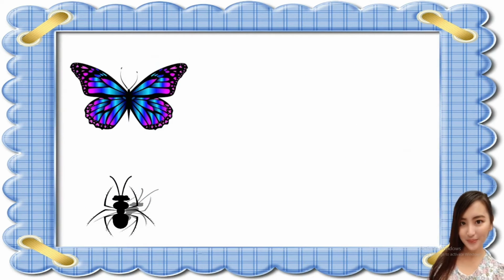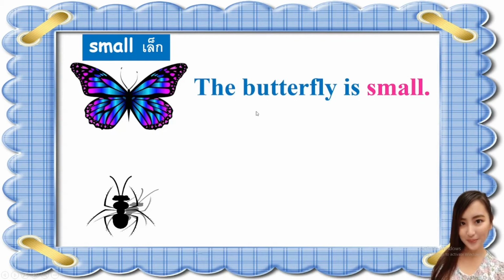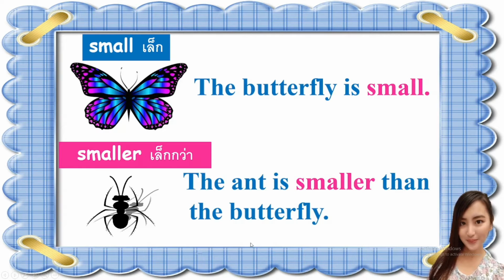For example, in here we have a butterfly and an ant. Okay, so small. The butterfly is small. Everybody, let us read. The butterfly is small. Next, smaller. The ant is smaller than the butterfly.